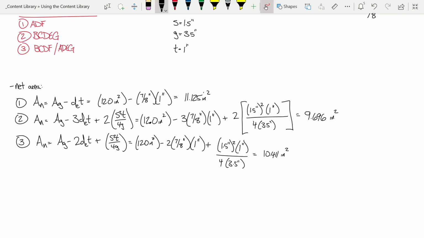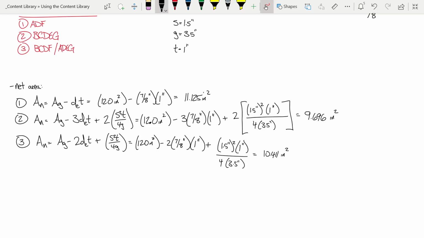Well, if I'm taking this member and I'm yanking on it, its capacity is a function of its area. The bigger the area, the more it can hold up. So on the flip side, when is it going to fail? It's going to fail under the path with the least area. Does that make sense?